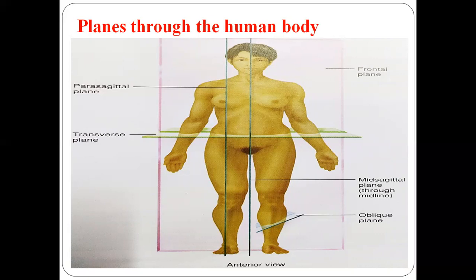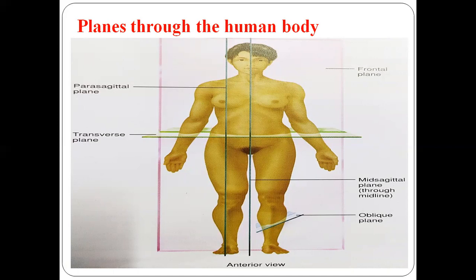Now a sagittal plane is a vertical plane that divides the body or an organ into right and left sides. More specifically, when such a plane passes through the midline of the body or an organ, it divides it into equal right and equal left sides. Now, it is called a mid-sagittal plane or a median plane.